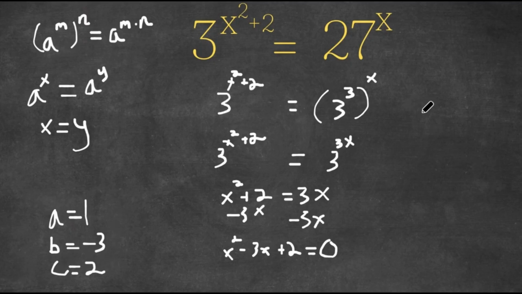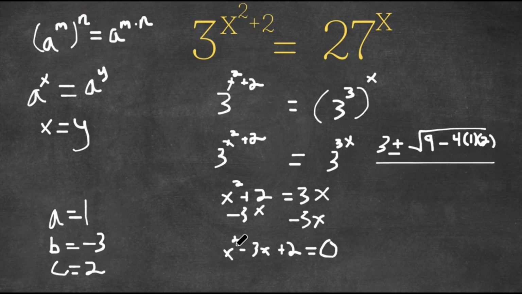So now if we plug this into the formula, we get negative b, so 3 plus or minus the square root of negative 3 squared is 9 minus 4 times 1 times C is 2. And we are dividing this by 2 times 1, which is simply 2.